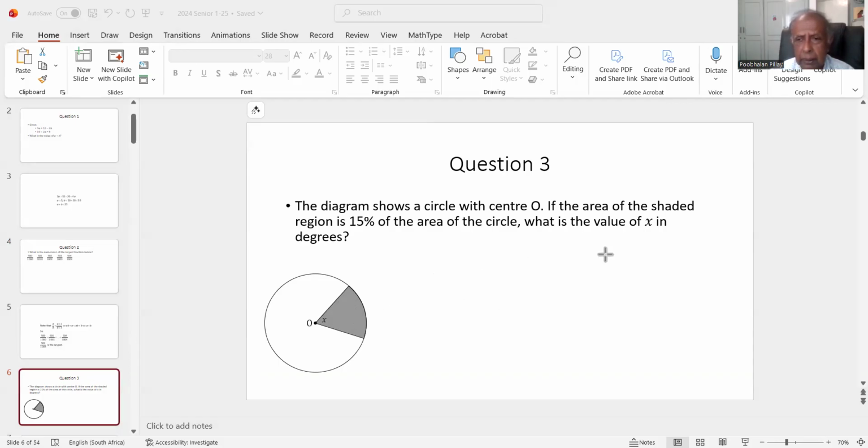Okay, so let me take another example. You see, in one case I know, in a couple of cases, but this particular case, namely, if that angle was actually 90 degrees, all right, then the area is a quarter, which is 25%.